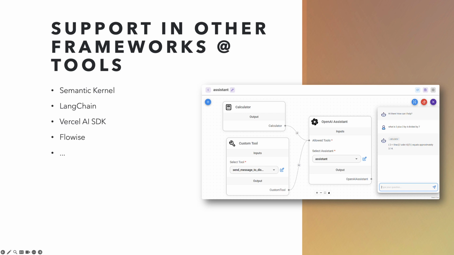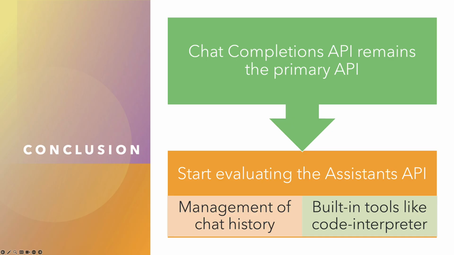And also the Vercel AI SDK has some experimental support for the Assistants framework. And also a tool like Flowise that allows you to build visually these kind of flows also supports OpenAI assistants, which makes it very easy, for example, to provide these assistants with custom tools. So there's a lot of things that are using this framework.